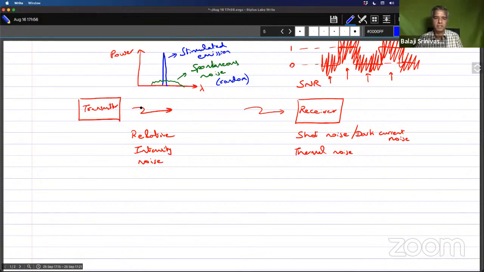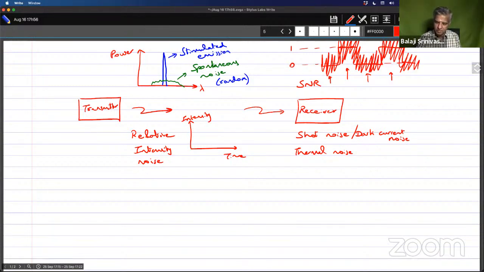It could be, say, pi out of phase, in which case it will cancel the field of a stimulated photon. So you would have in general the light that's coming out, if you're talking about the intensity of light. This is light intensity as a function of time. We are expecting the light intensity to be like this.